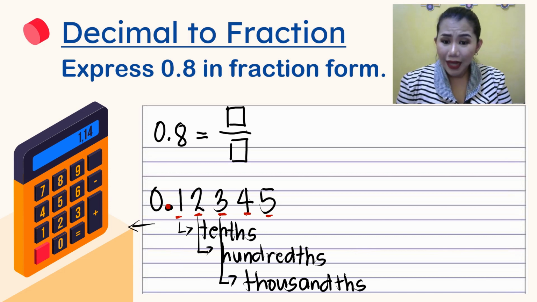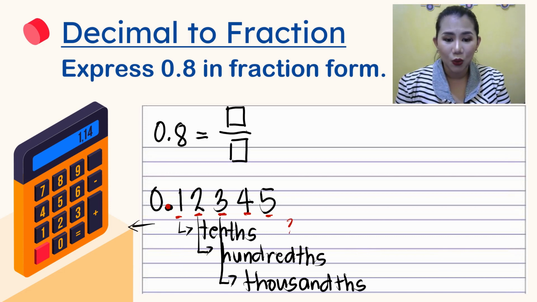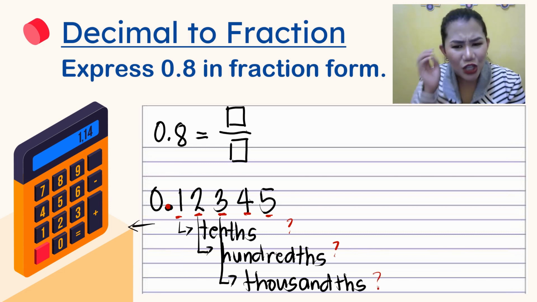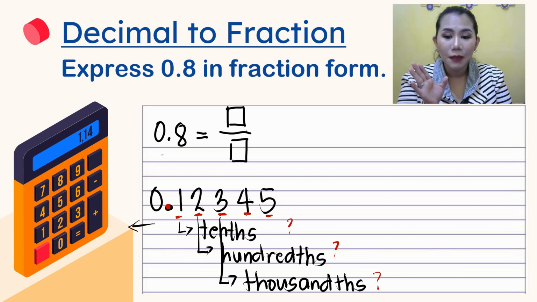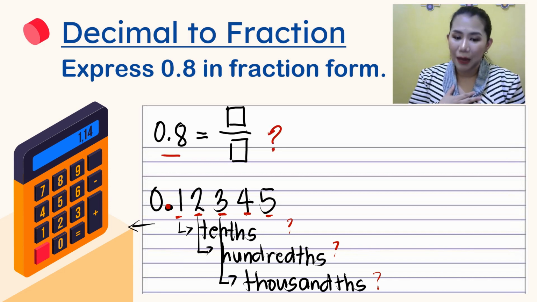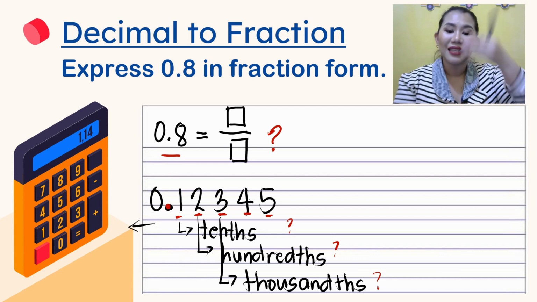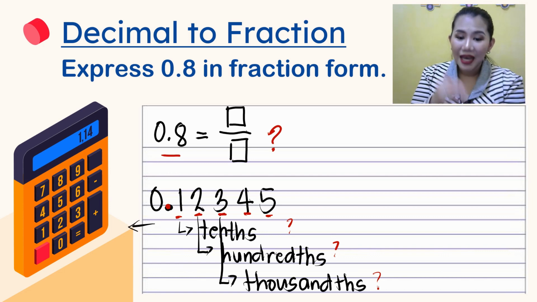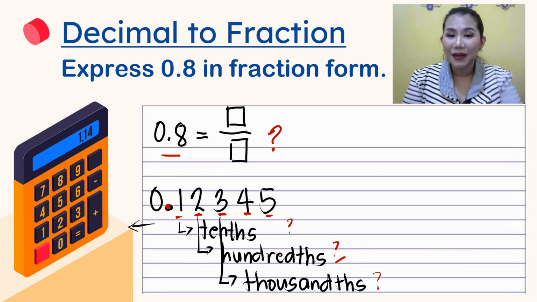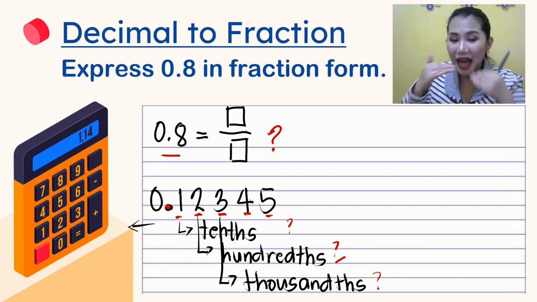Now, ano ang kinalaman nitong mga to sa pag-convert natin or pag-express natin or pag-change natin from decimal to fraction? Anong kinalaman nun? Okay, ang kinalaman nun kasi yung tenths na yan ay nangangahulugan na ang denominator ay 10. Yung hundredths na yan, ang denominator or yung nasa ilalim ay 100.